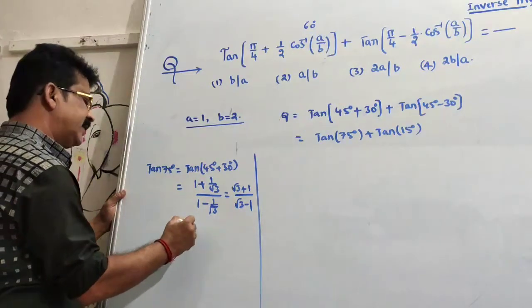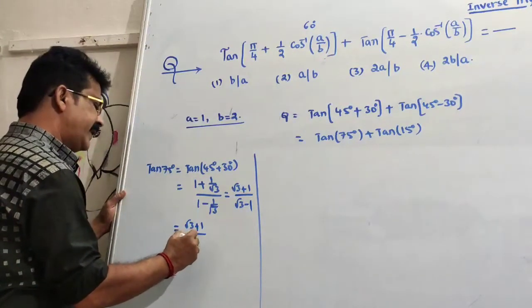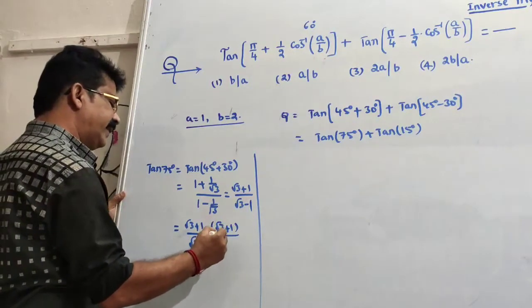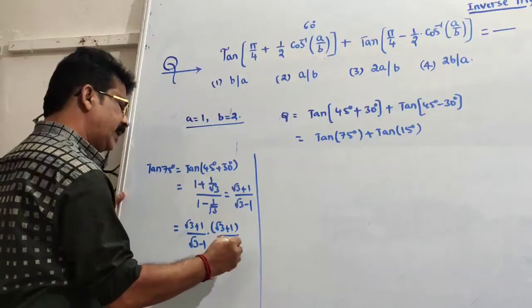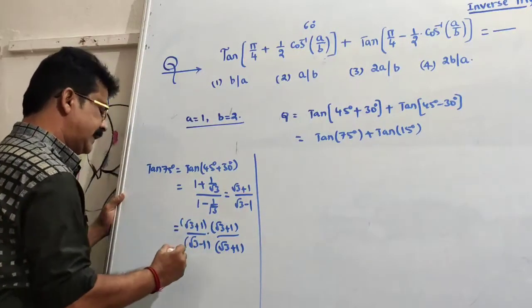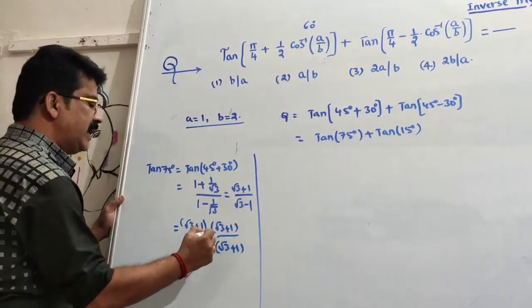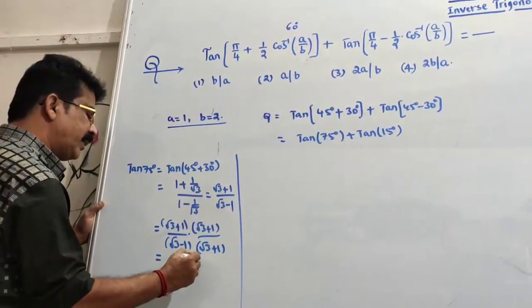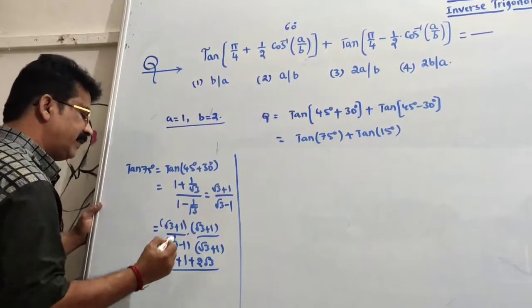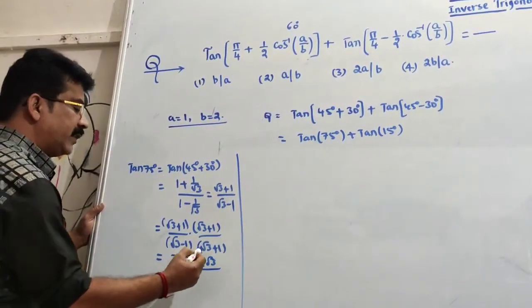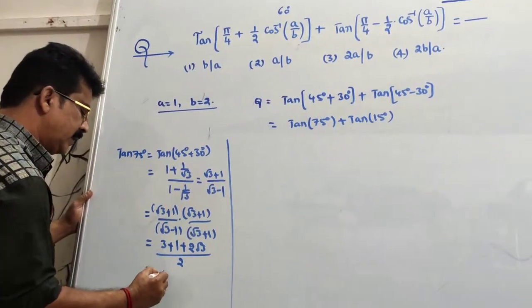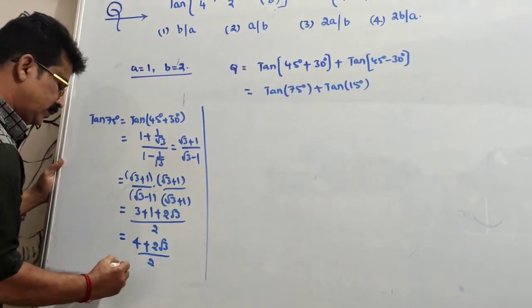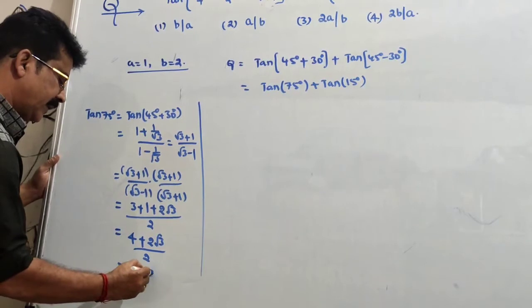Rationalizing the denominator, we obtain root 3 plus 1 divided by root 3 plus 1, that is a plus b into a minus b, means a plus b whole square. So 3 plus 1 plus 2 root 3 divided by 3 minus 1, 2. So that is 4 plus 2 root 3 divided by 2, equal to 2 plus root 3.